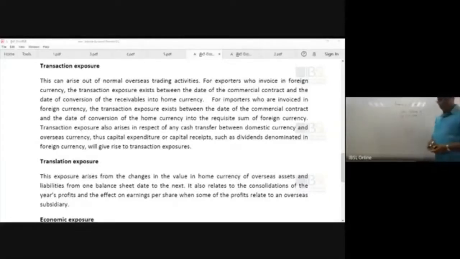Now we say a particular currency yields, means gets harvested, a lesser interest rate than another currency.